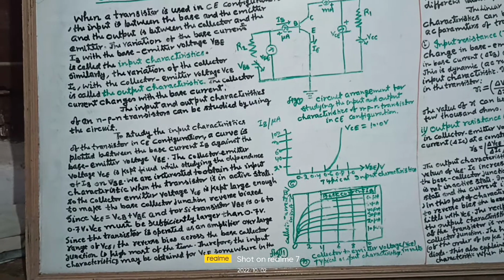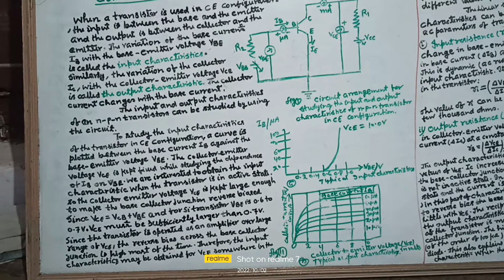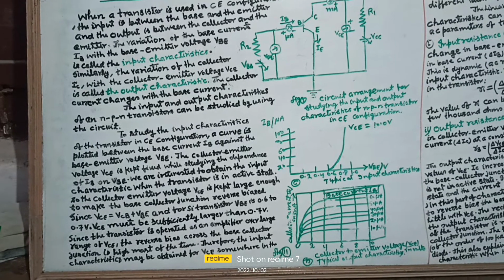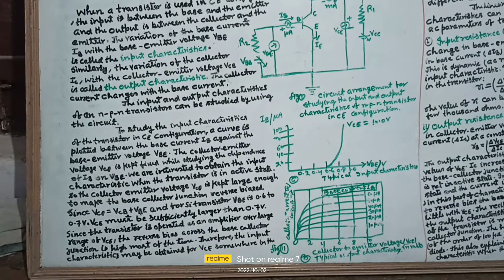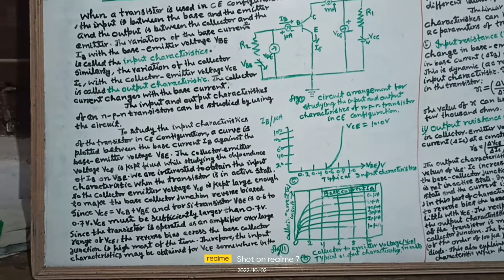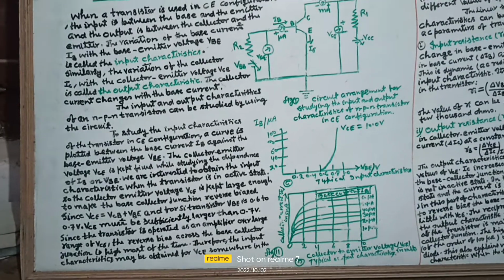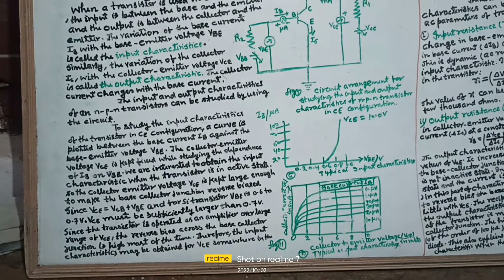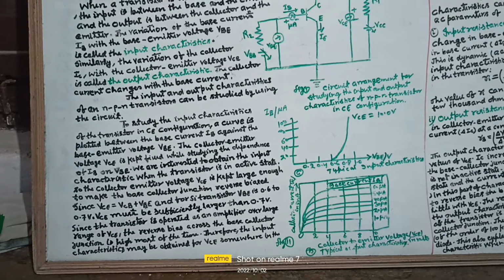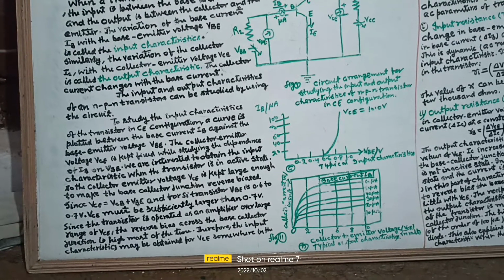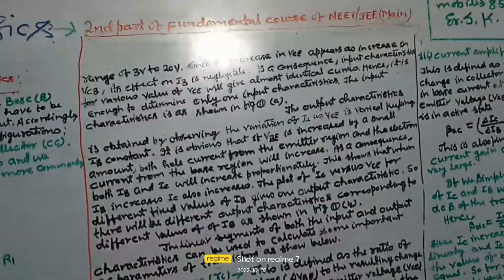Since the transistor is operated as an amplifier over a large range of VCE, the reverse bias across the base collector junction is high most of the time. Therefore, the input characteristics may be obtained for VCE somewhere in the range of 3 volt.